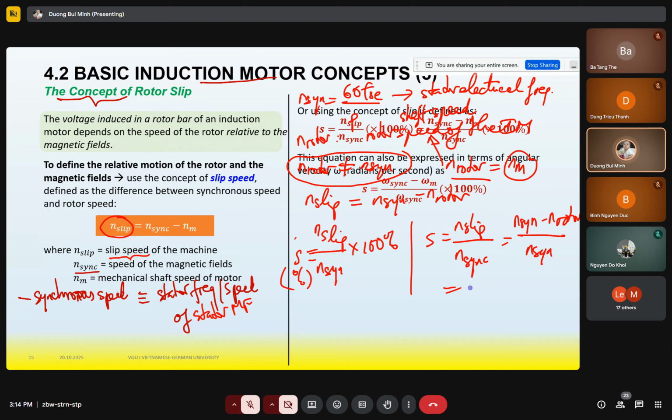That means 1 minus n_rotor over n_sync, and this is slip.